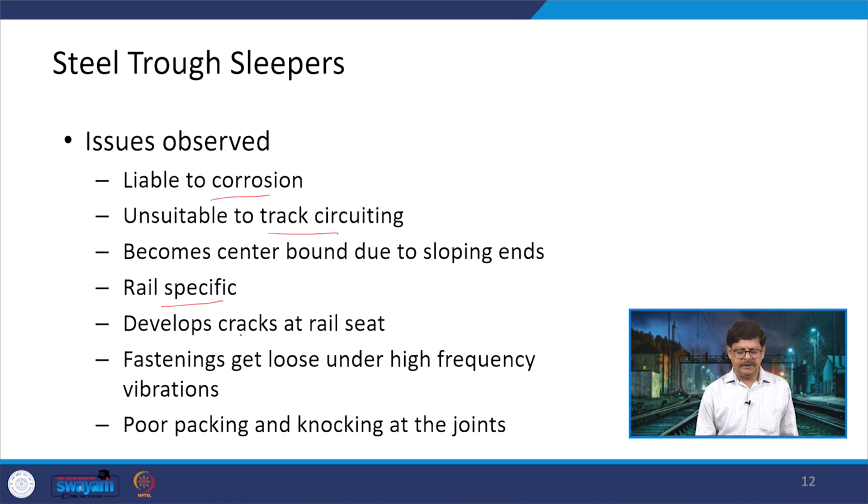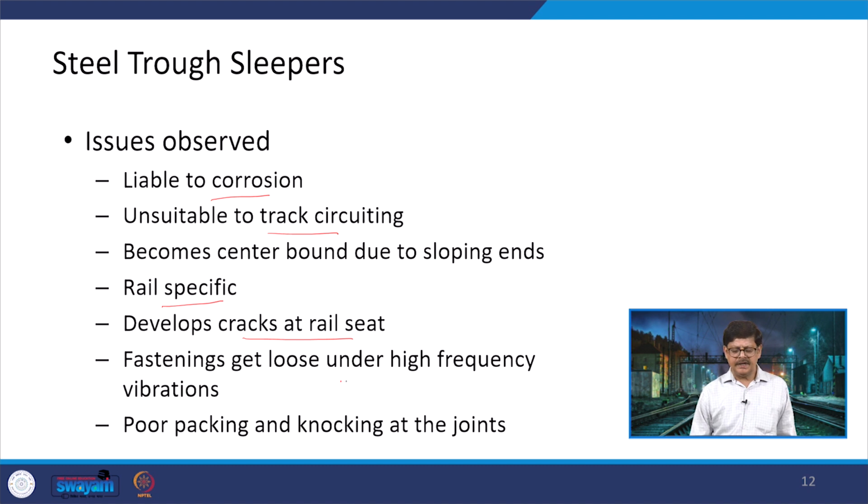It was developing cracks at the rail seat. As we have seen, we have provided a grooving there, we have set the rail there, and then we have inserted keys or the loose jaws so that the rail remains in position. But because that space has been created within the shape and size of the sleeper, that became a portion where cracks were developing.